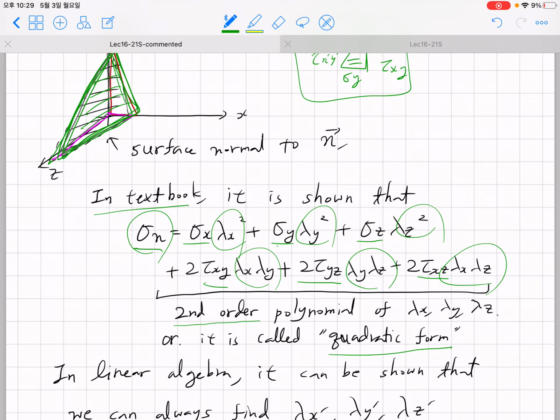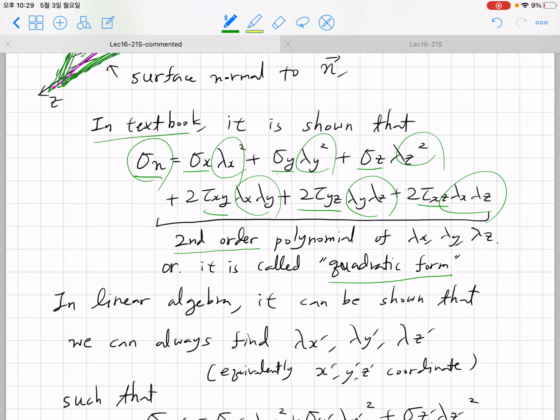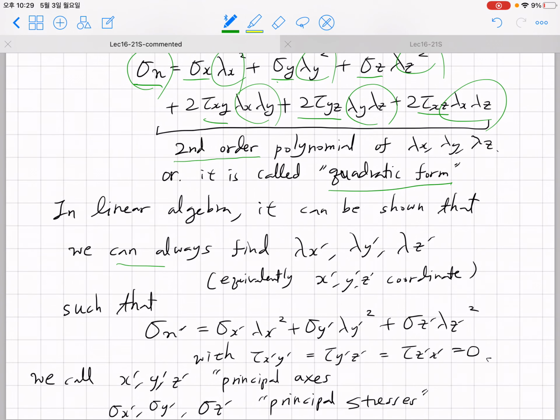You're gonna learn about quadratic form in linear algebra class, and what you're gonna learn is that for any quadratic form, we are guaranteed to find lambda x prime, lambda y prime, lambda z prime, or equivalently an x prime, y prime, z prime coordinate, such that sigma n equals sigma x prime lambda x prime squared, plus the second and third terms, with all tau x prime y prime and other tau components being 0.